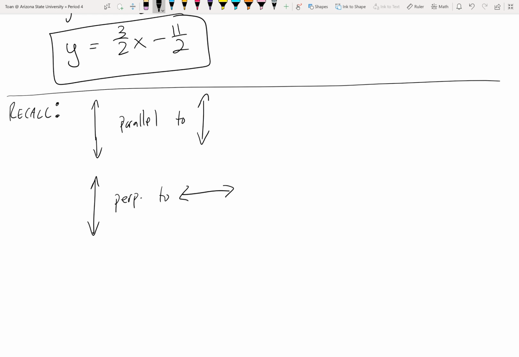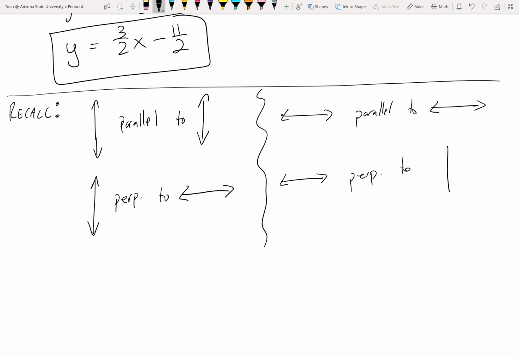And then we can run the same logic for horizontal lines. Horizontals are parallel to horizontals, and horizontals are perpendicular to verticals. So if I ever give you a parallel or perpendicular line and I give you one of those special lines, you have 0 calculations to do.